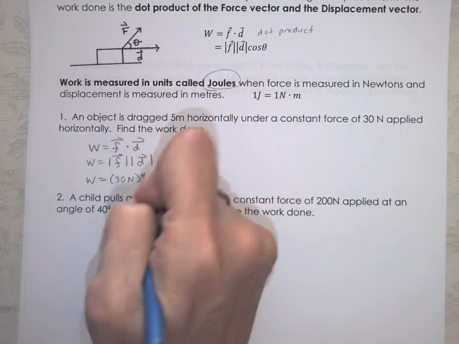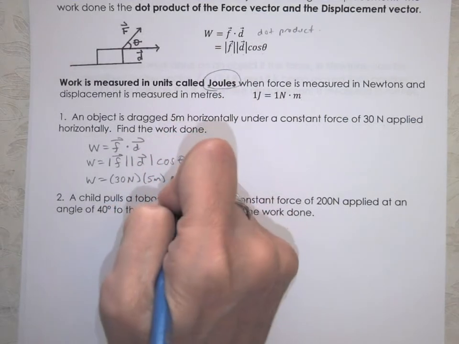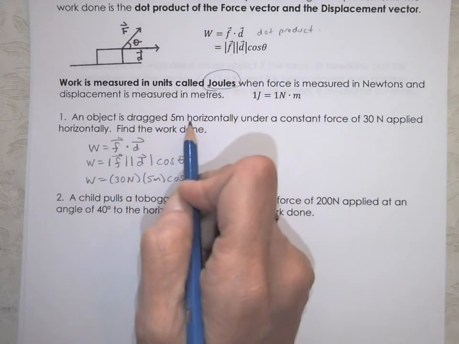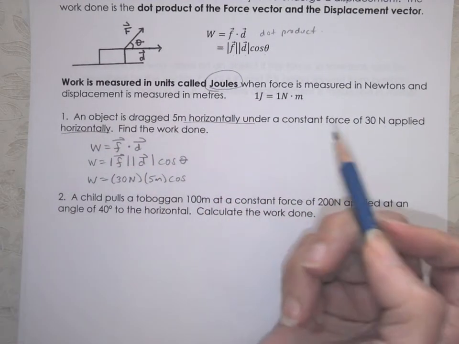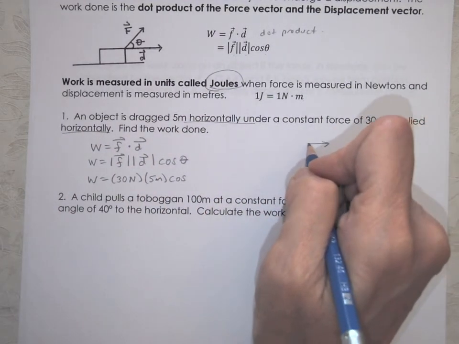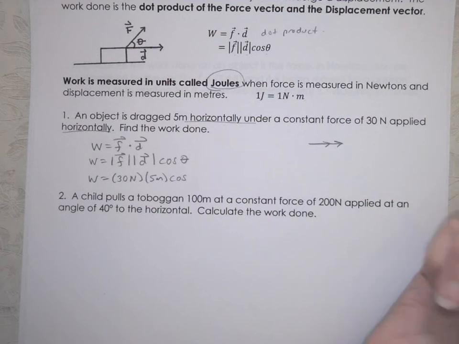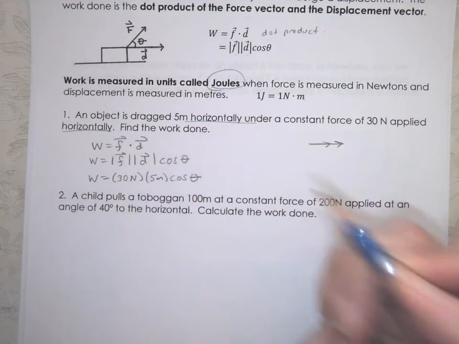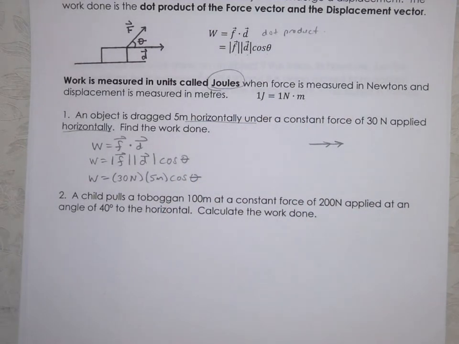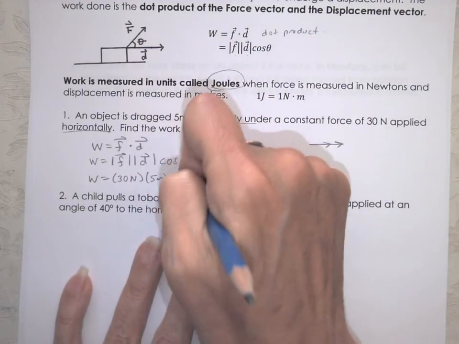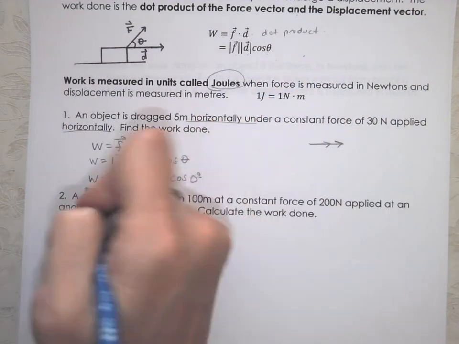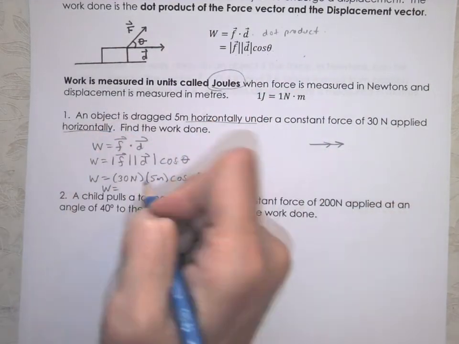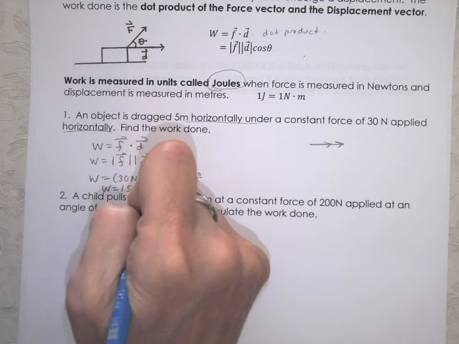The magnitude of the displacement is 5 meters. Now the angle: the object is dragged horizontally and the force is applied horizontally. So both are in the exact same direction. So that means the angle between those vectors when they're tail to tail is 0 degrees. And the cos of 0 degrees is 1. So the work in this case just ends up being 150 joules.